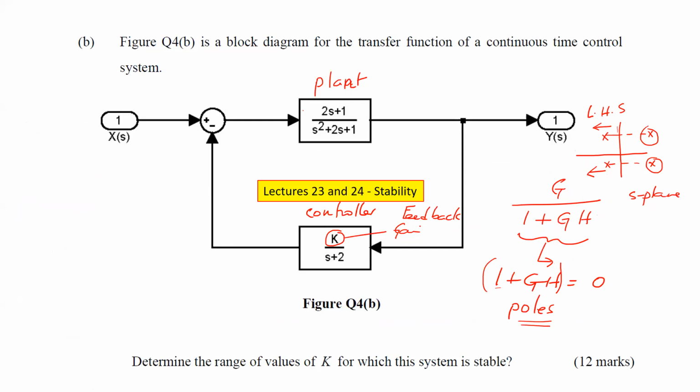In fact, it's the same thing just redrawn, that one in the paper there. You solve for the values of k that will drive the thing unstable. In this case, this one is asking what range of values will drive it stable. And you have 12 marks here.